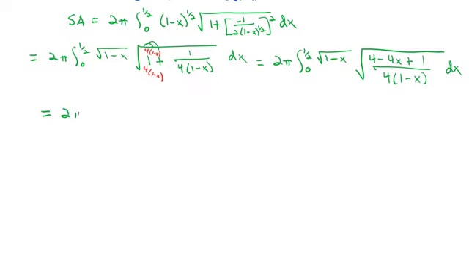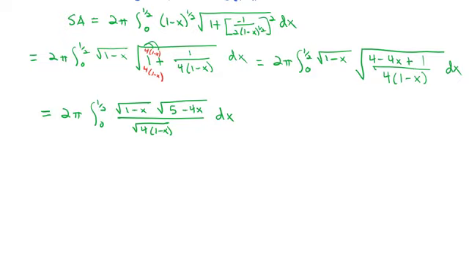Continuing to simplify, we've got 2 pi times the integral from 0 to 1/2 of the square root of 1 minus x times, let's break that square root in top and bottom. 4 plus 1 is 5 minus 4x over, on the bottom, the square root of 4 times 1 minus x, dx.